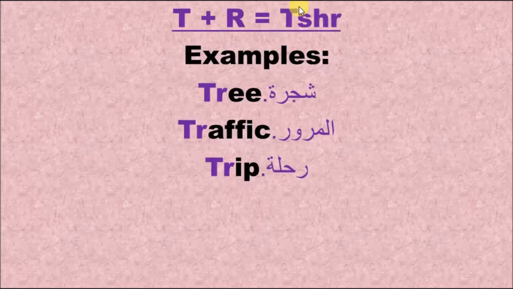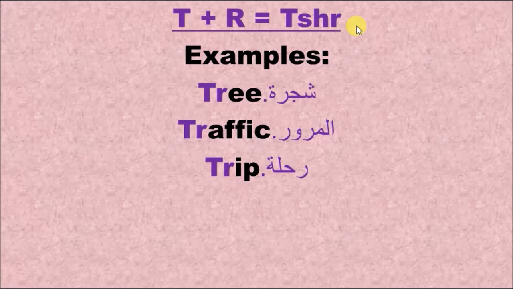Well, what is this trick that you, Umnaya, need us to know about? I have this rule, T plus R. If you find, guys, any word, especially when it comes at the beginning of this word, T plus R, it will give you the sound of a chur. Why I'm giving you this trick?